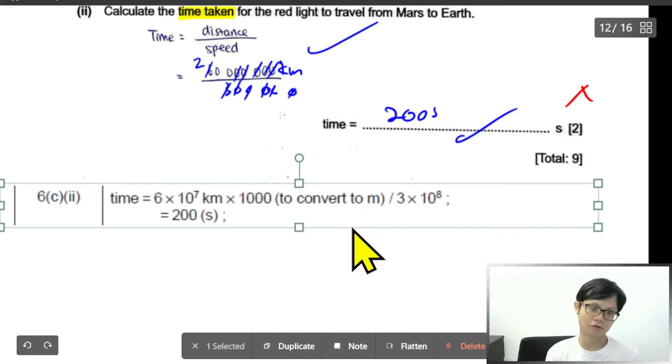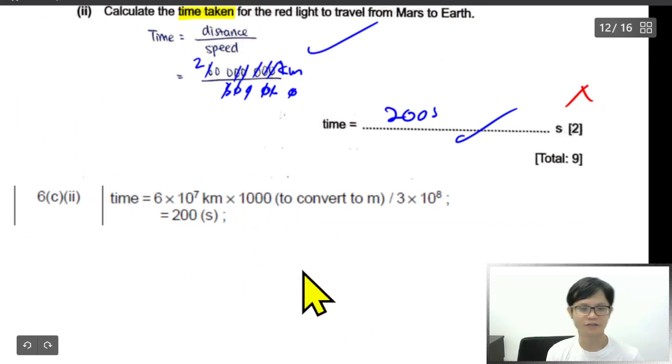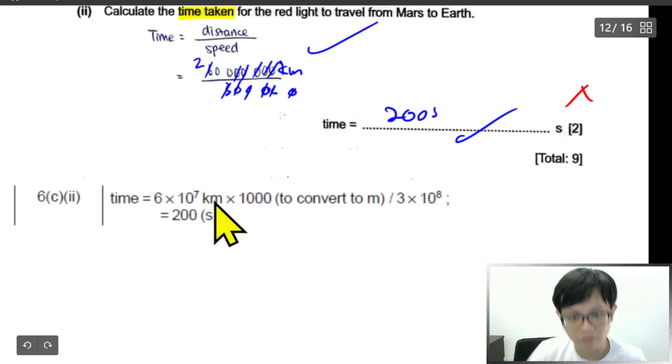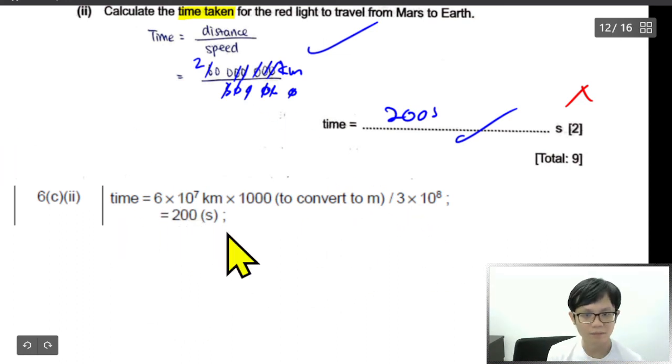So you better just convert, because I know IGCSE always uses meters per second. So just follow their way to be safer. The student asked me, does my formula get 1 mark? Usually the formula gets 1 mark, but this marking scheme doesn't have it, so I just follow. The marking scheme didn't write it, so that's why I mark it wrong.